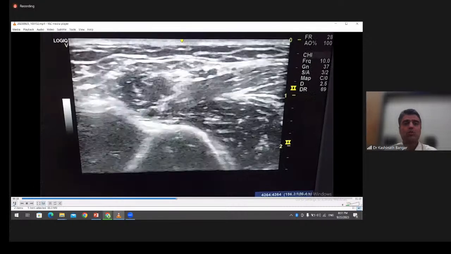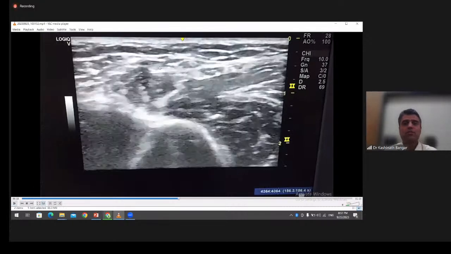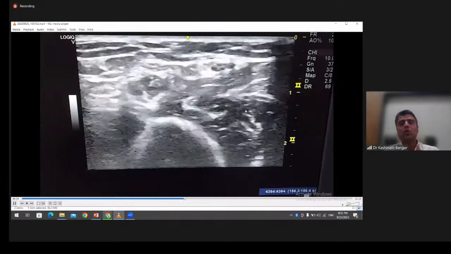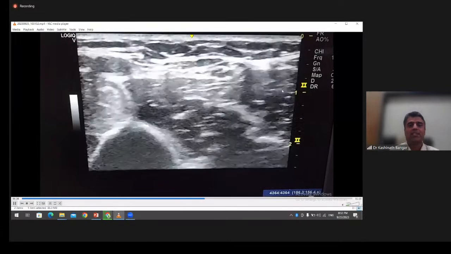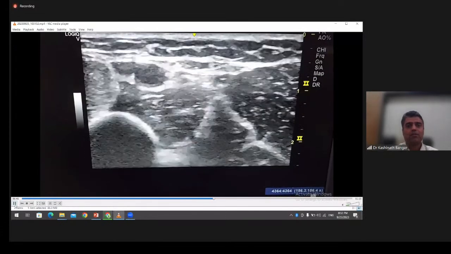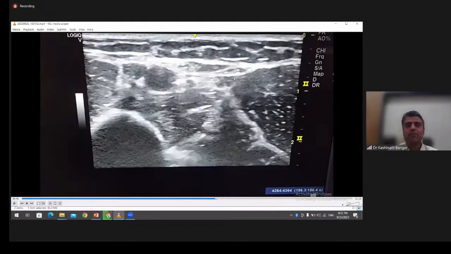So this is the ulnar nerve sitting on the head of the triceps muscle. And as we go towards the axilla, it will be accompanied by the brachial artery. Can you see the brachial artery? The ulnar nerve lies medial to the brachial artery.